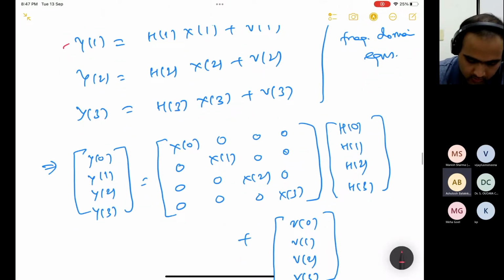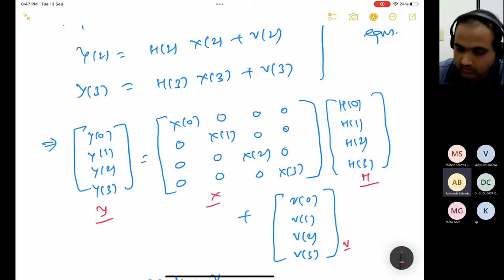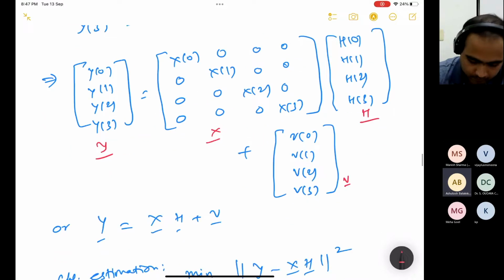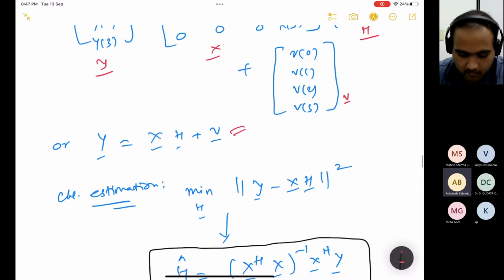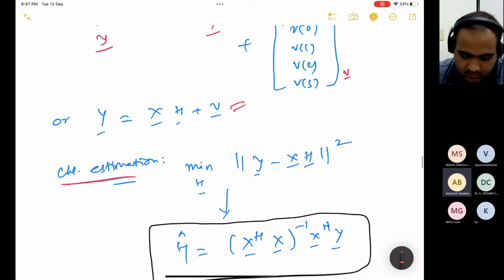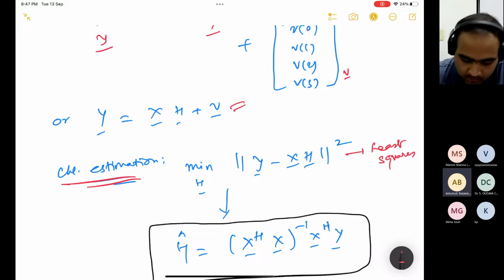Now, if we represent this in matrix notation, we have the y vector, the pilot matrix, the h vector, and similarly the v vector. So y is x times h plus v, and the channel estimation is the least squares formulation, which we discussed possibly a couple of weeks ago.